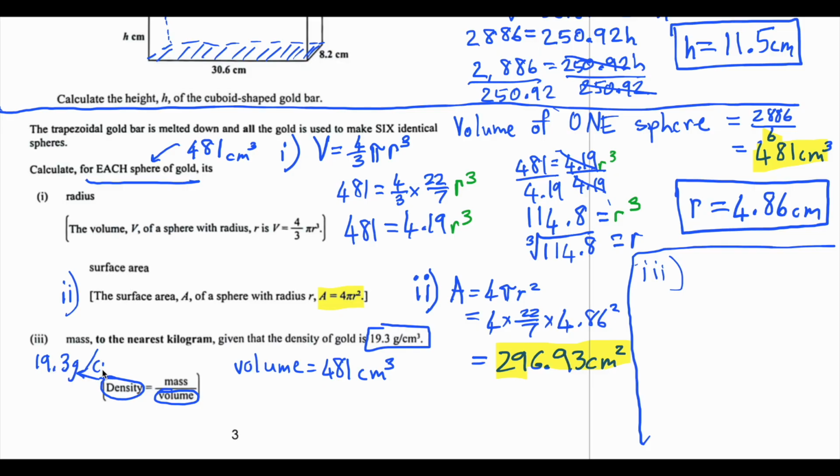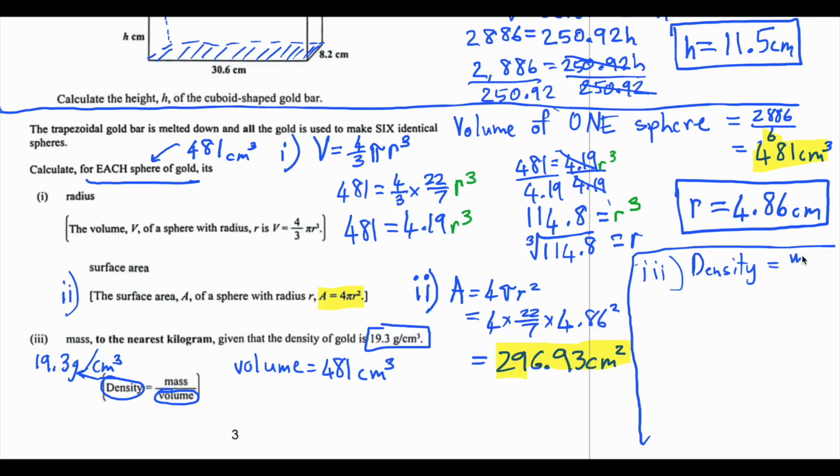So if you're looking at this here, because the density says grams per centimeters cube, when I find a mass, my mass is automatically in grams. Okay? So based off of this, I know that the density is this. I know that the volume is this. So if I was to replace that in the formula, I would replace density with 19.3. So let's just put the formula here so you could see.